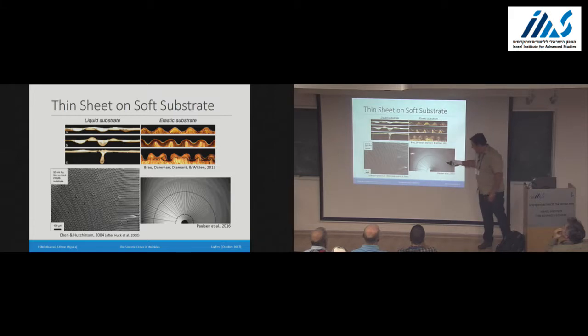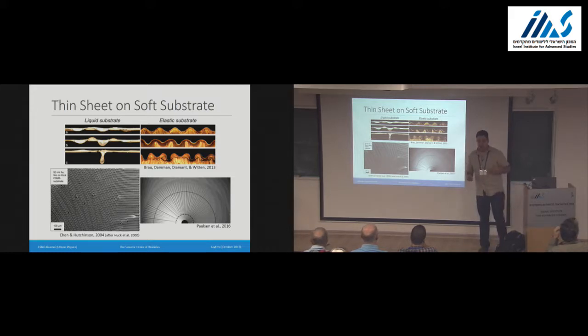For example, this is a flat sheet lying on water, and Paulson et al. in Amherst poke it in the middle, and it develops these radial wrinkles and so on.